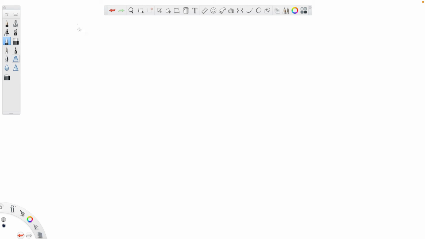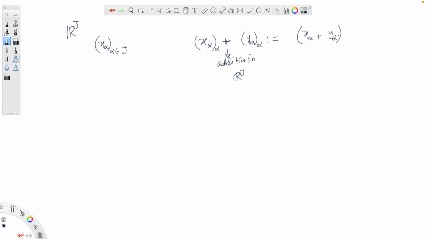An element here in R to the J is denoted by x sub alpha, where alpha runs in the index family J. Two such elements are added in the obvious way: x alpha plus y alpha, sub alpha.